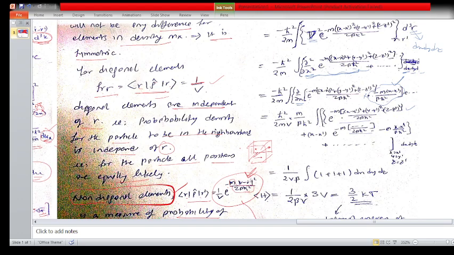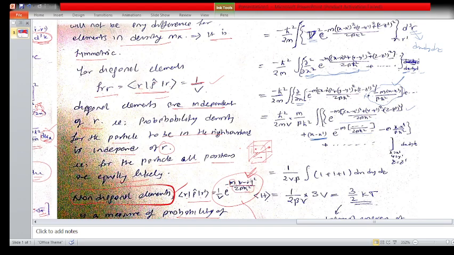Similarly we have y and z. If you look at the first term and take the integral after all this calculation, then you can see e raised to minus m times (x minus x dash) square plus (y minus y dash) square plus (z minus z dash) square by 2 beta h cross square, plus x minus x dash.